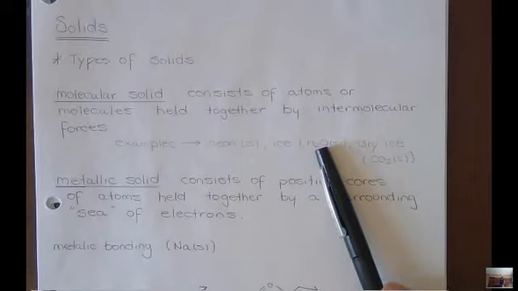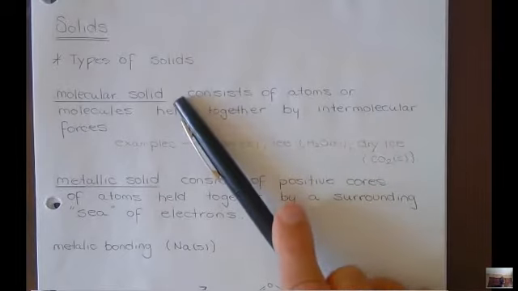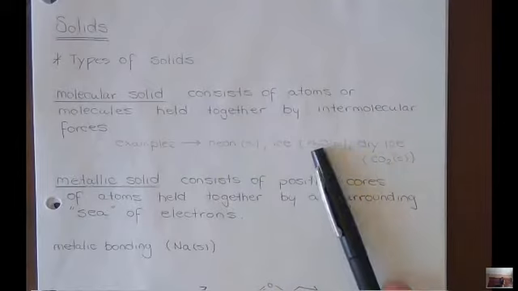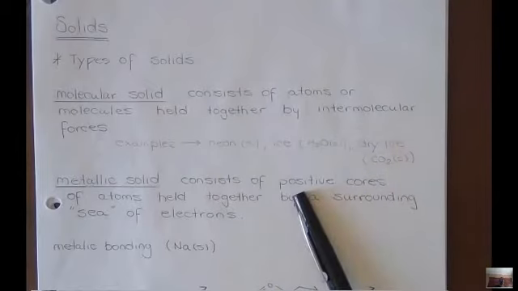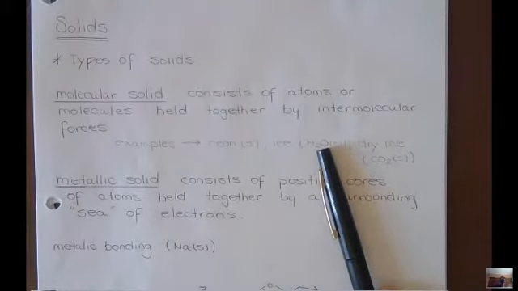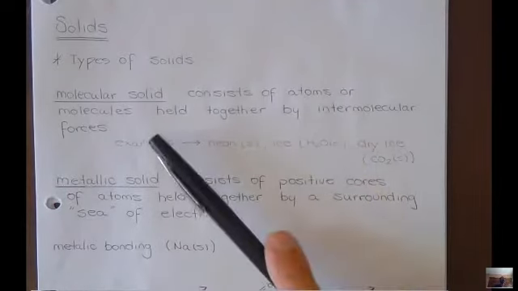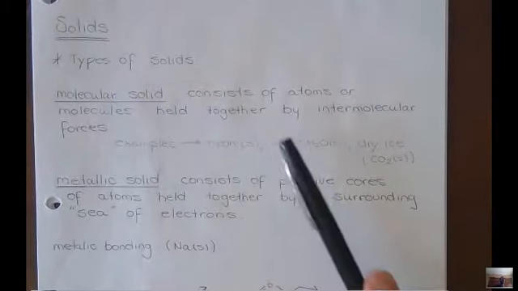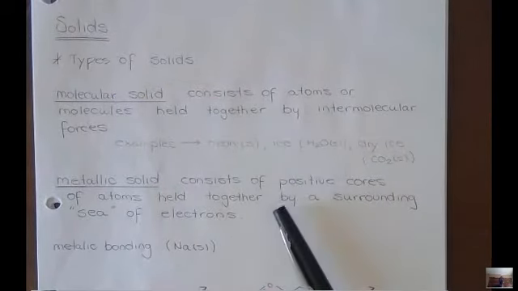When ice is melted, the only thing that's broken are the weaker intermolecular forces that exist between one water molecule and another water molecule. Maybe later on I'll show you a description of what the crystal structure for ice looks like. But again, the moiety, the individual units that are going to repeat over and over again, are individual water molecules. That's why it's called a molecular solid.